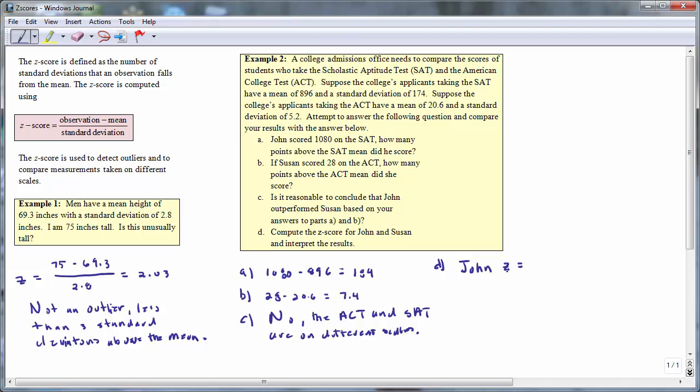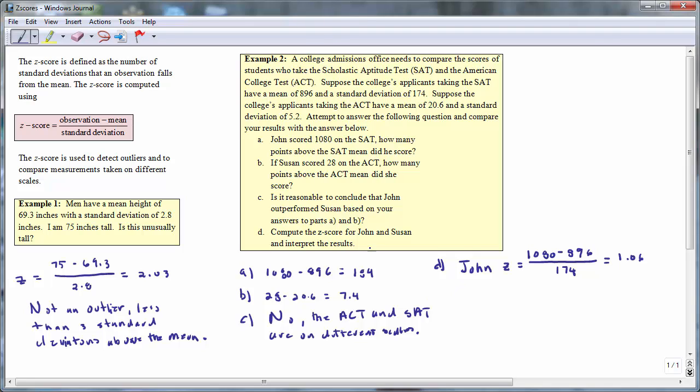So to compute the z-score for John, we take his score of 1,080, subtract the average of 896, and divide by the standard deviation for the SAT, which is 174. Do the subtraction and the division, and this comes out to be 1.06.